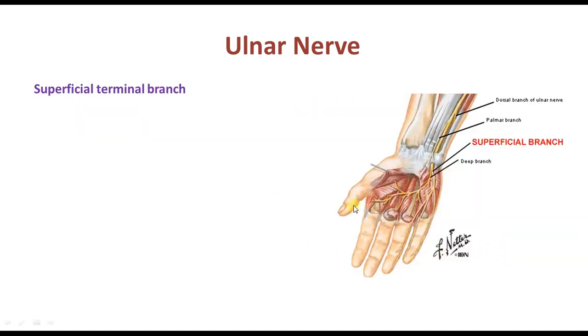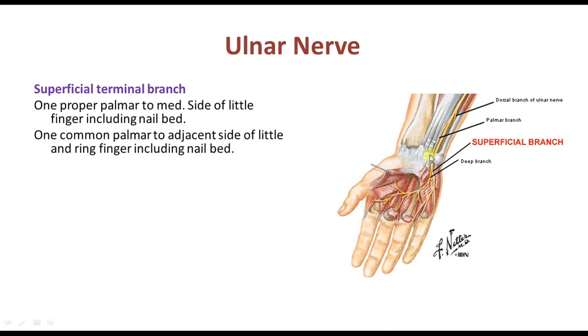Now coming to the palmar aspect, you are able to see the superficial terminal branch. One direct proper palmar digital nerve on the palmar aspect supplies the medial-most part of the ring finger or the ulnar border of the little finger. Then one common palmar digital nerve again divides into 2 proper palmar digital nerves to the adjacent sides of the little finger and the ring finger, including the nail bed.